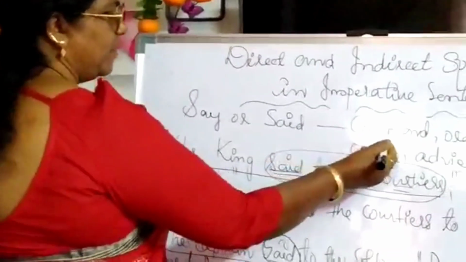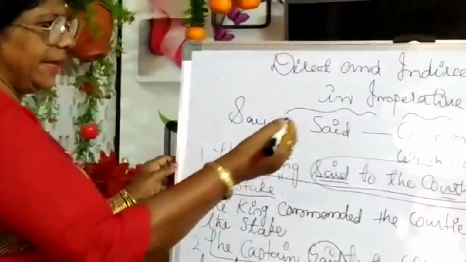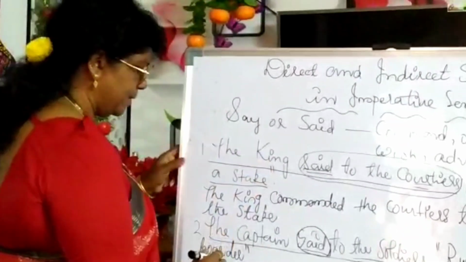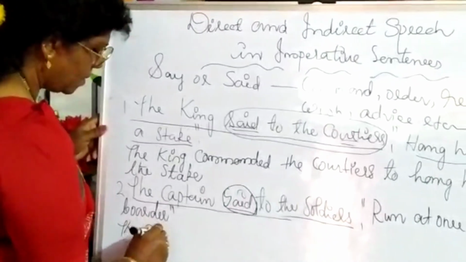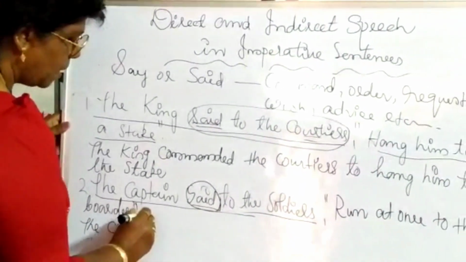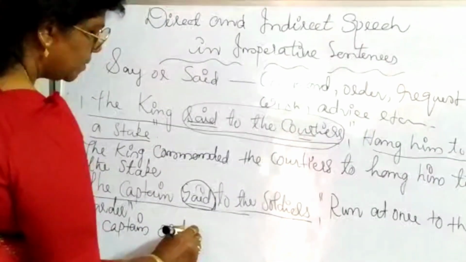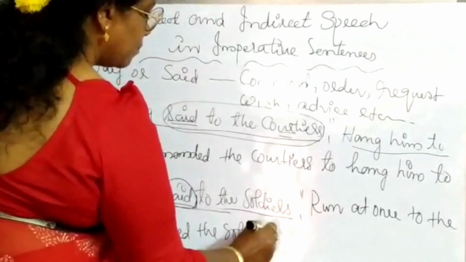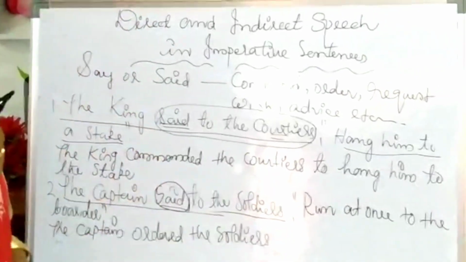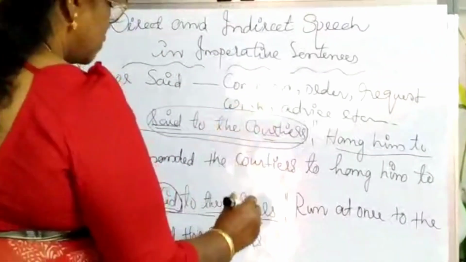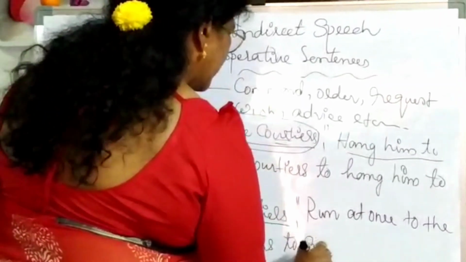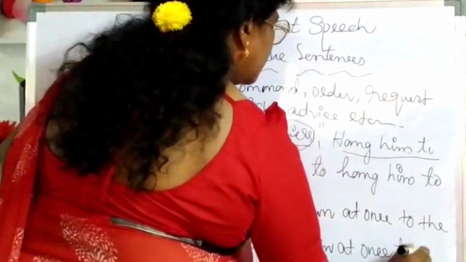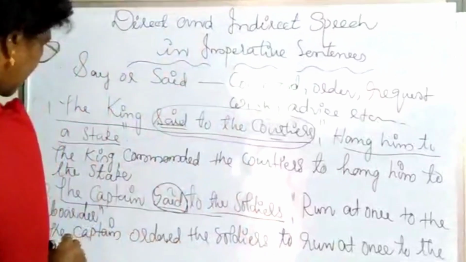For the king we used commanded, then the next word, ordered. The captain ordered the soldiers. Removing the comma and inverted commas, we use the to infinitive: the soldiers to run at once to the border.